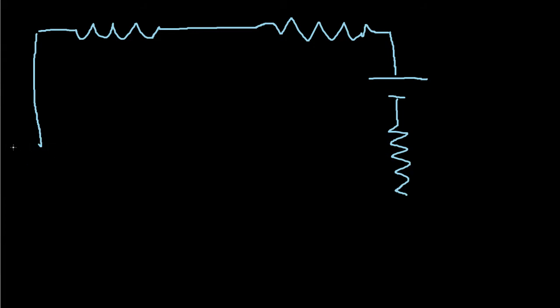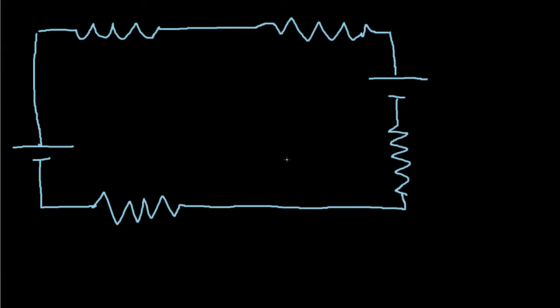Let's make sure the lines are easy to tell. Then we go down and to the right, and there's another resistor over here, and that connects back up here.